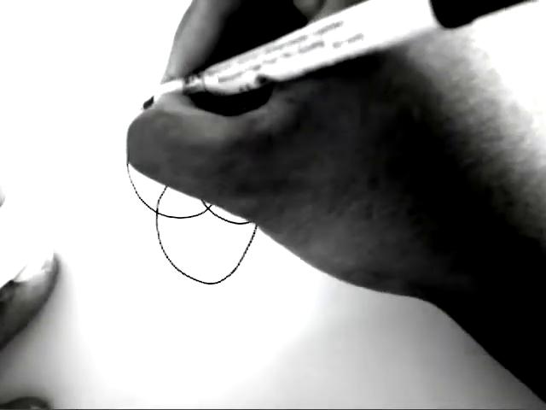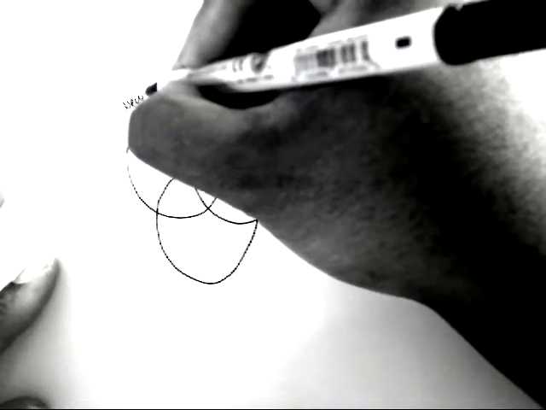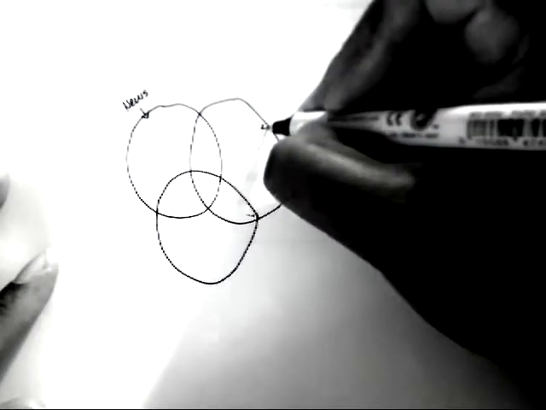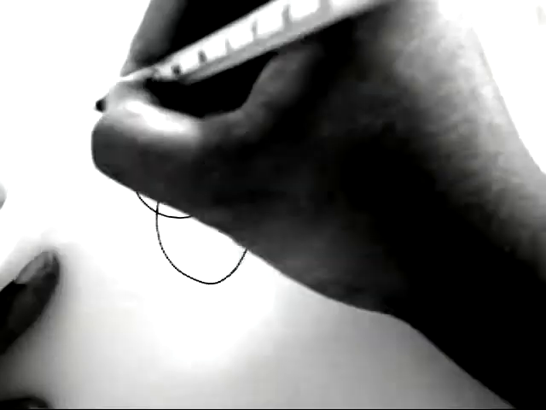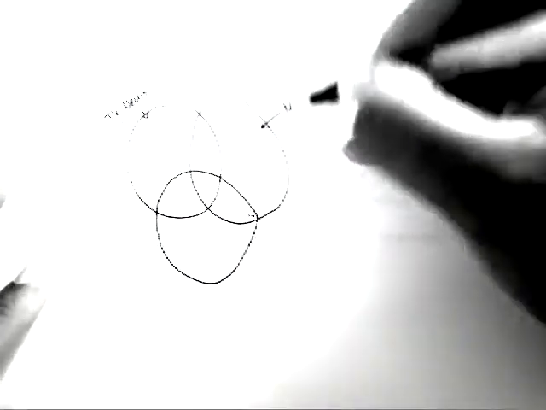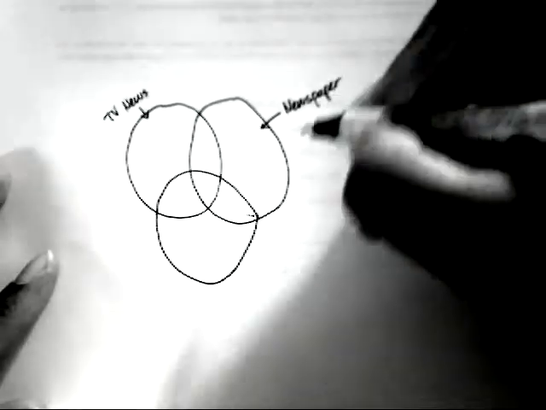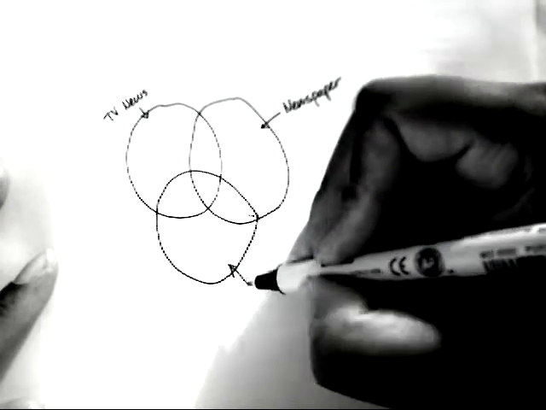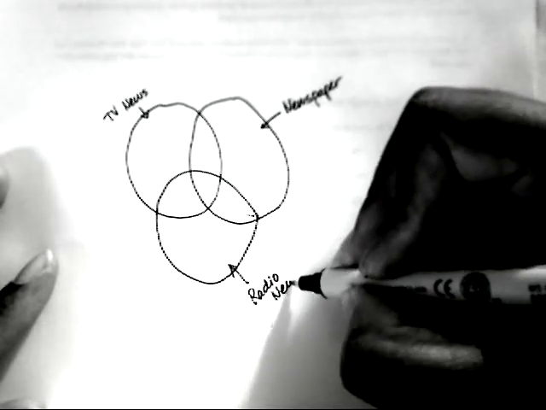Now this first one is going to represent the news on television, so I'll say TV news here. This circle represents the newspaper. This one is newspaper. And this one will be radio news.